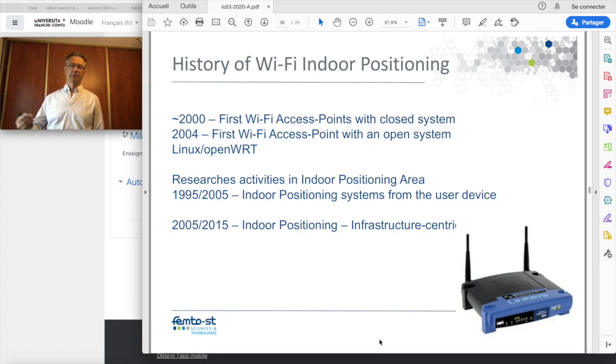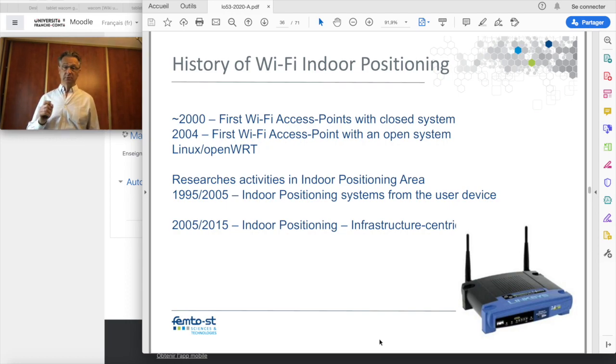But then in 2004, the first Wi-Fi access point with an open system arrived, called OpenWRT, which is an embedded Linux specifically built for such equipment, because you don't have a lot of CPU or memory, so you need a very small piece of Linux.